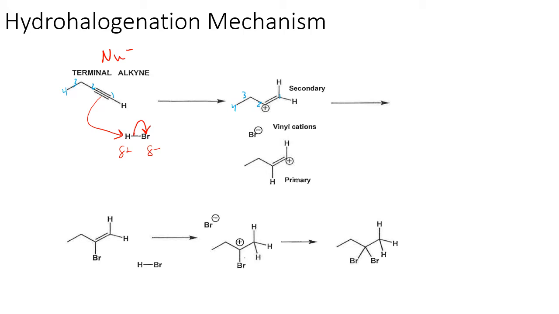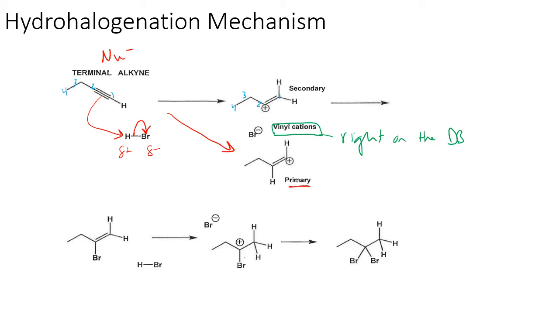And it depends upon the stability of the carbocation. In this case, the carbocation has a special name. It's called a vinyl cation. You might remember the word vinyl meant that it was right on the double bond of an alkene. So in this case, since our carbocation is sitting right on a double bond, it's considered a vinyl cation. So we had 2 possibilities. We could go to the first vinyl cation or to the second vinyl cation.